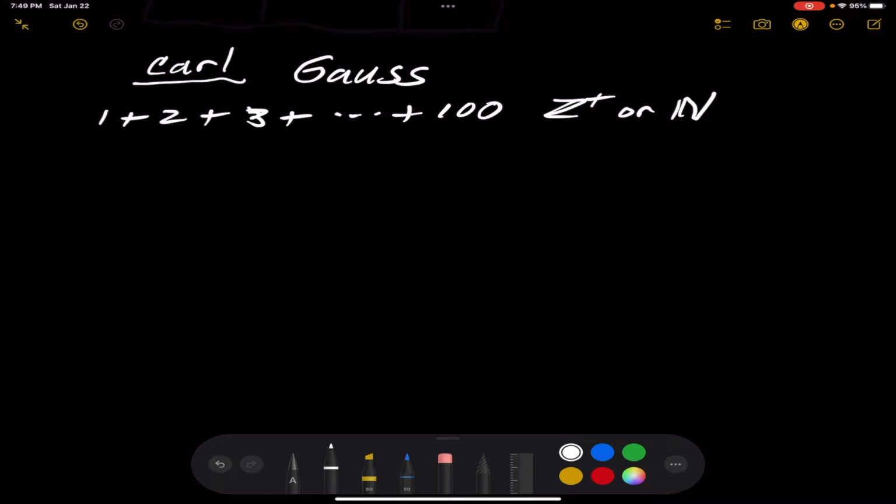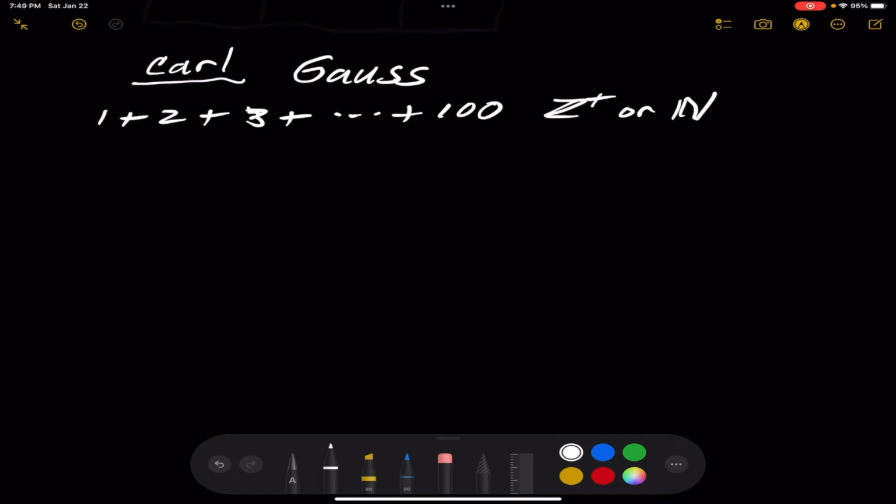So what he did was he started to do what the teacher asked, which is a good natural first approach. So begin to add 1, 2, 3, 4, and he started to notice some things.